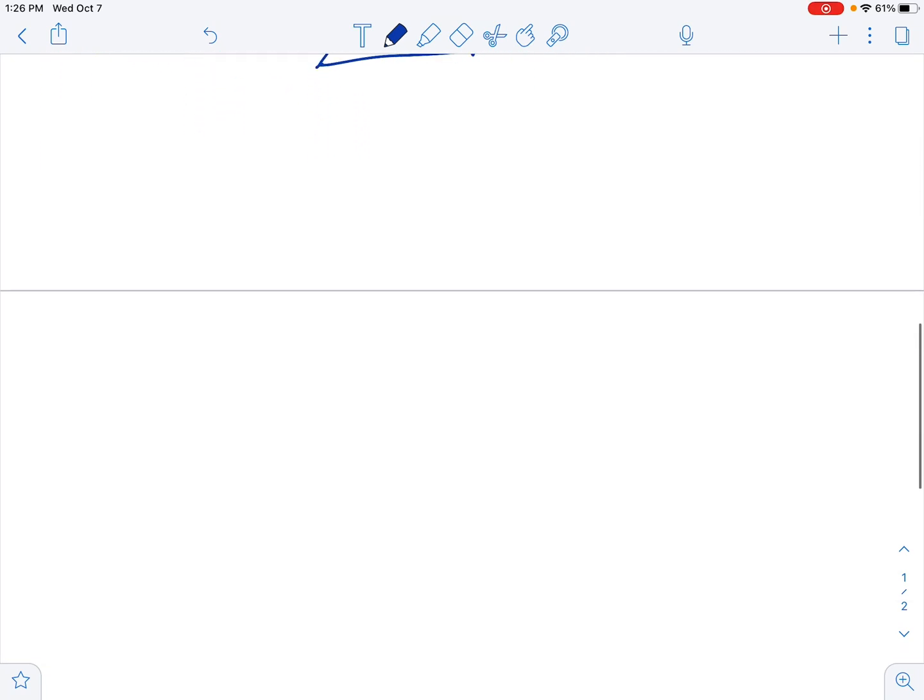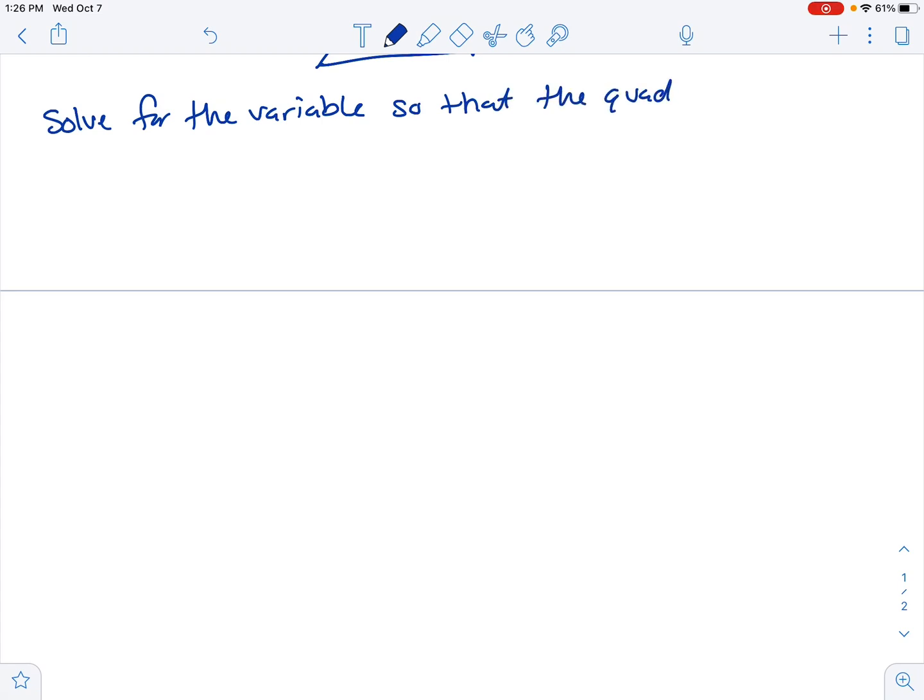All right, the next part that we're going to do is we're going to solve for the variable so that the quadrilateral is a parallelogram. So the directions are just going to be flip-flopped from the last sections.